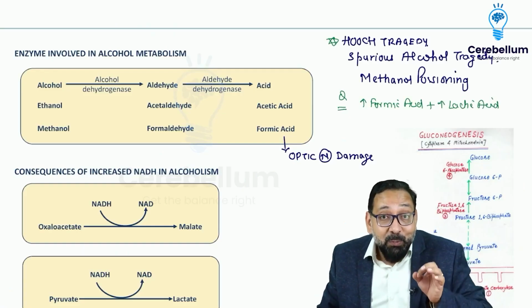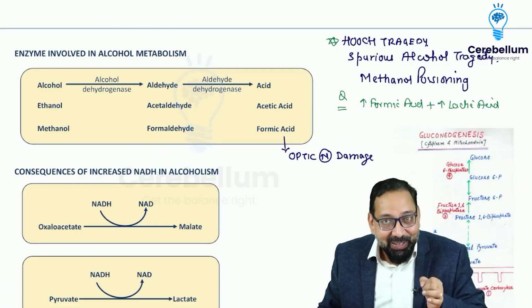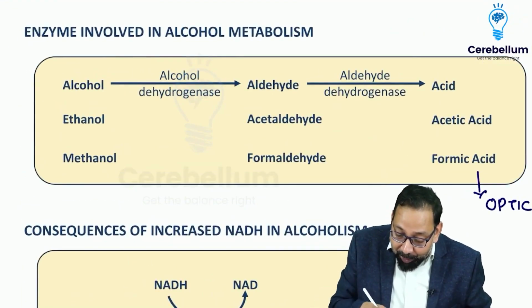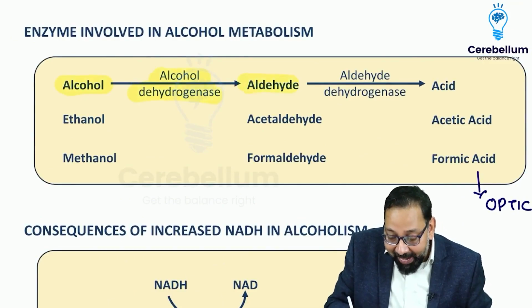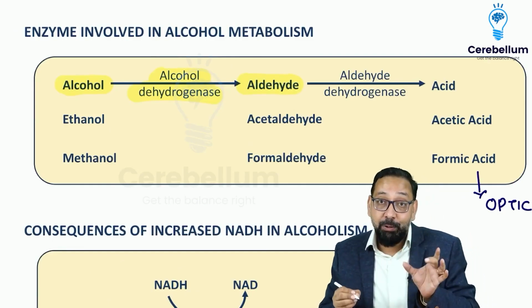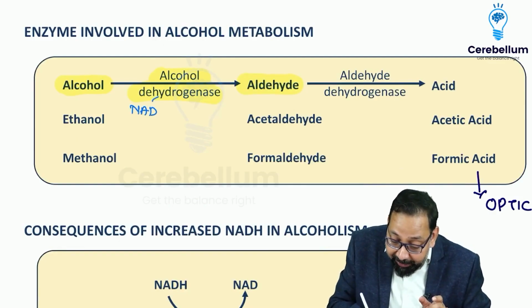Now the last topic is alcohol, your favorite alcohol. Whenever you take alcohol, it is metabolized by alcohol dehydrogenase, and an aldehyde is produced. And you know that whenever there is dehydrogenase, removal of hydrogen, the hydrogen will be taken up by NAD to form NADH.